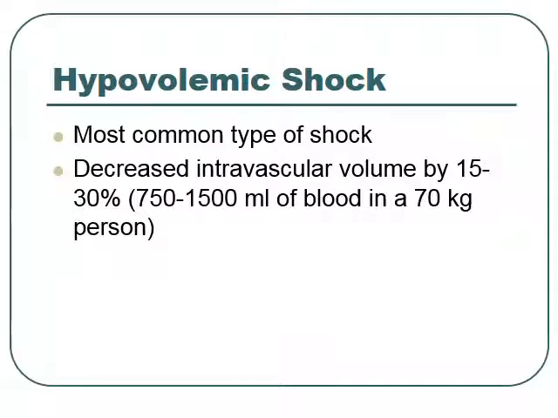So when we think about hypovolemic, what are some types of patients that would be in hypovolemic shock? It's the loss of fluid, right? Hypo meaning low. The volemic is the blood coursing through our veins. So what would cause a patient to go into hypovolemic shock? Traumatic blood loss, for one.